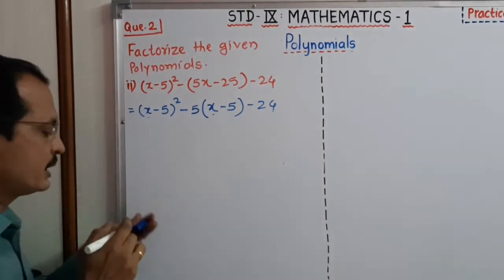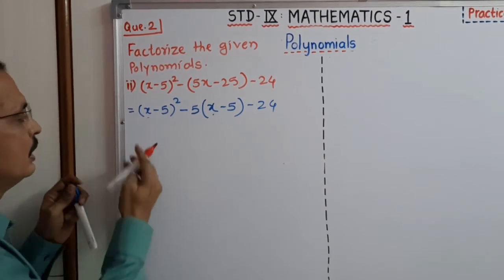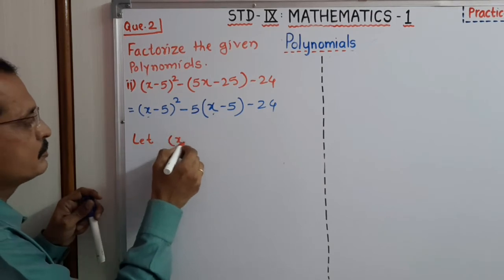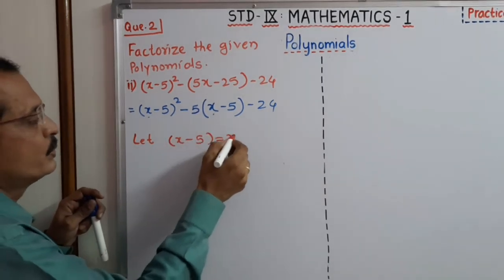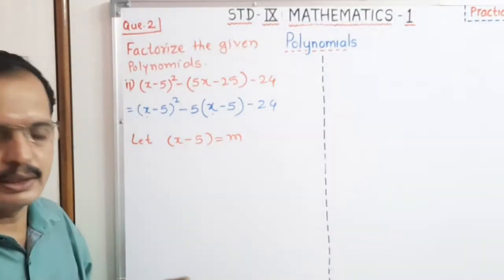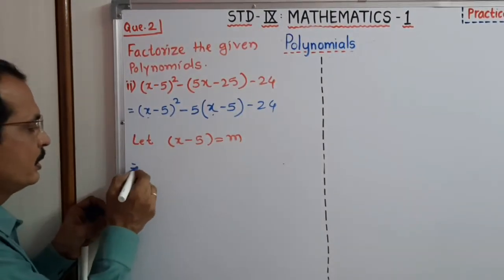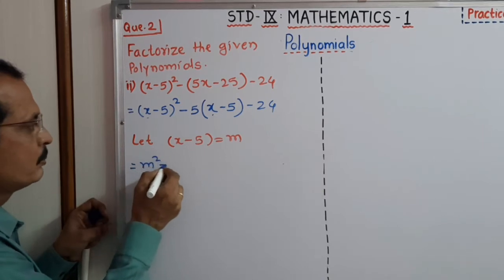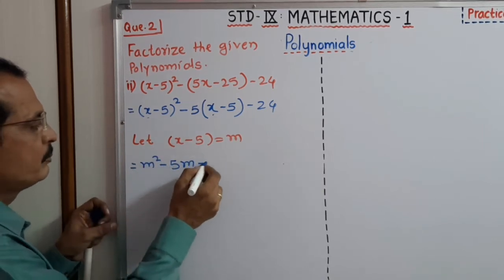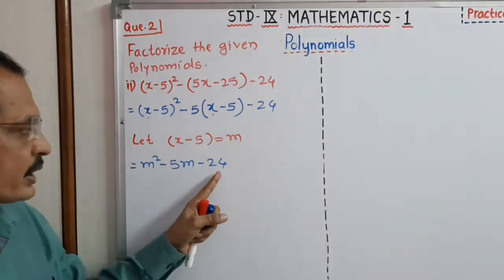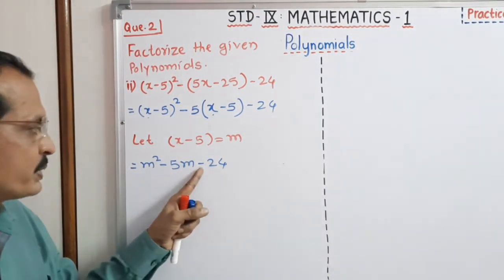Now let x minus 5 be equal to any variable, that is m. Now write it here. Therefore it is m square minus 5m minus 24. Now tell me the factors of 24 whose subtraction should be 5.